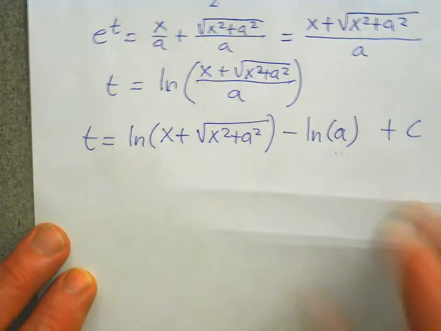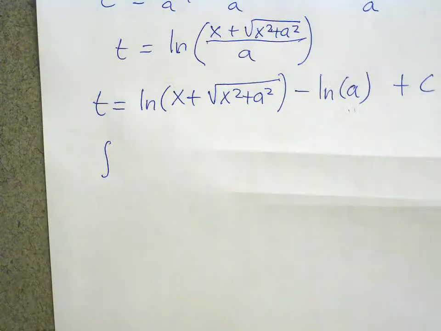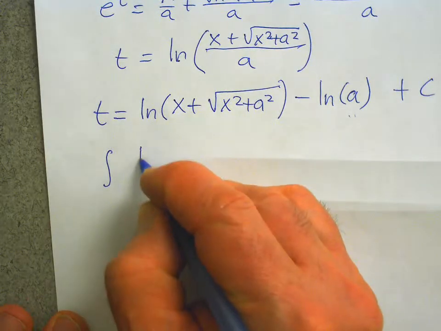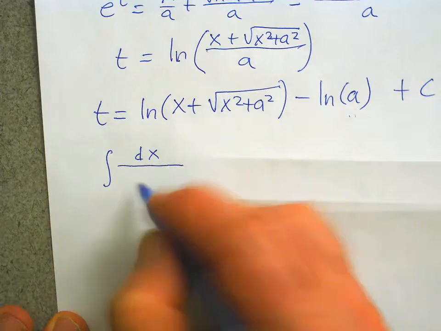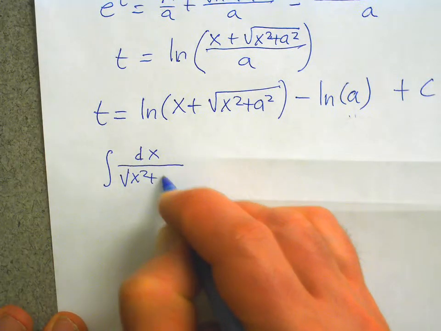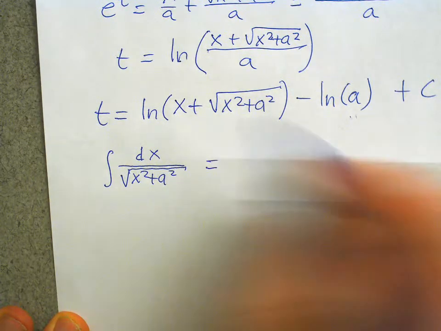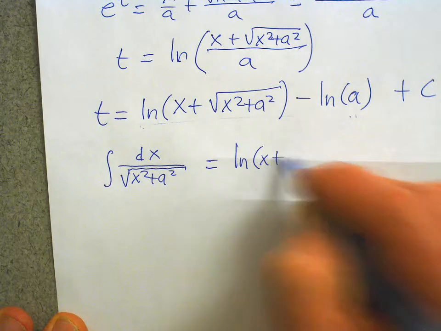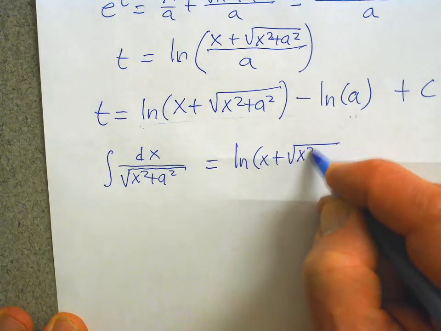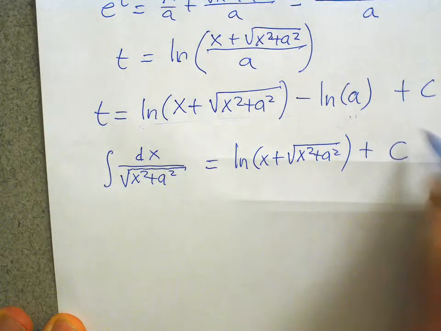Okay, so what we just did, just to remind you, we evaluated the indefinite integral of dx over the square root of x squared plus a squared, and we found that it's equal to the natural log of x plus the square root of x squared plus a squared plus a constant.